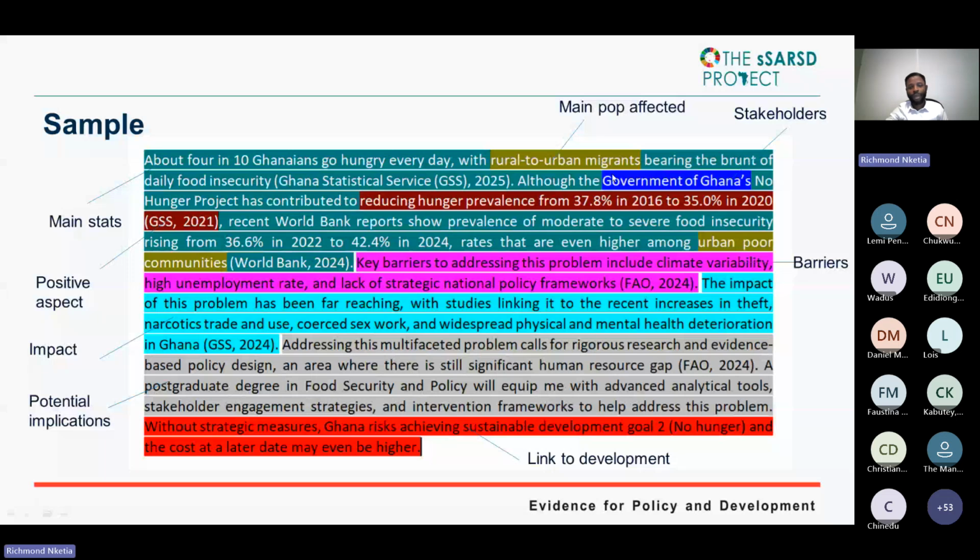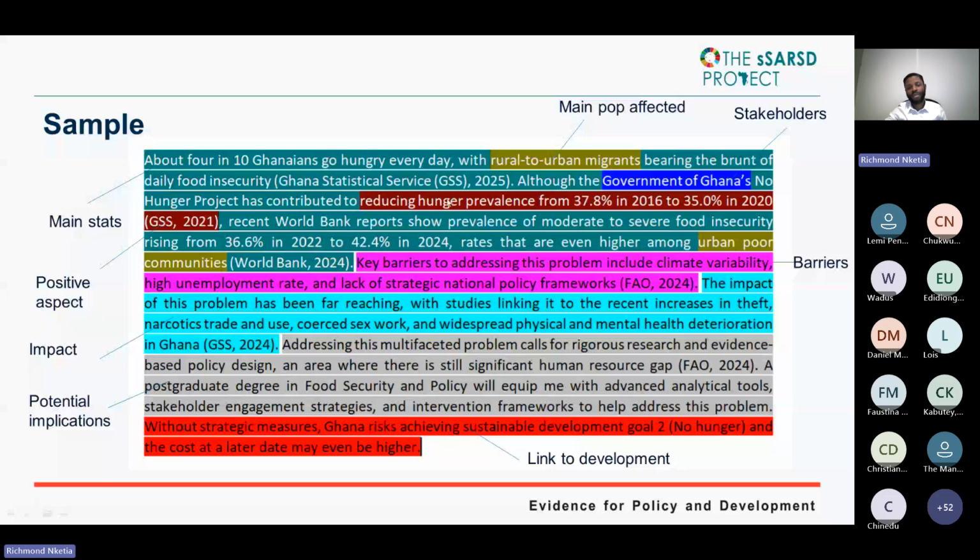And then I talk about where the data is coming from. So these are not real world issues. I just developed them for the sake of this presentation, and the source is not coming from the Ghana Statistical Service. No. I just wanted to show you how the references should go, because this is pure academic writing, and so you need to reference where your data is coming from.